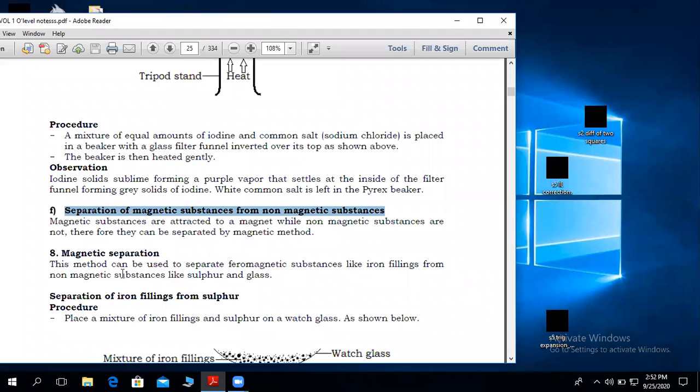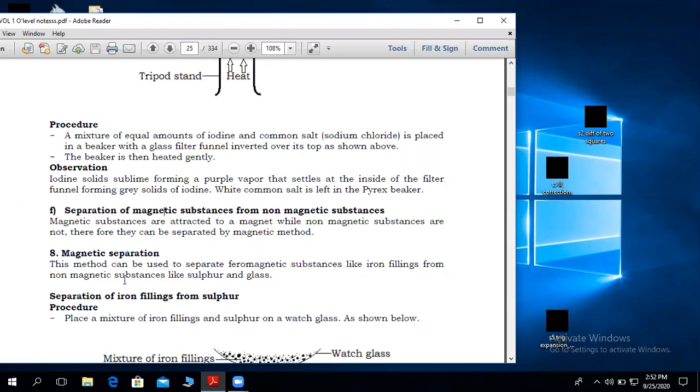Magnetic separation: this method can separate ferromagnetic substances like iron filings from non-magnetic substances like sulfur. So if you have a mixture of iron and sulfur, for example, you know iron is a metal, like an iron nail.